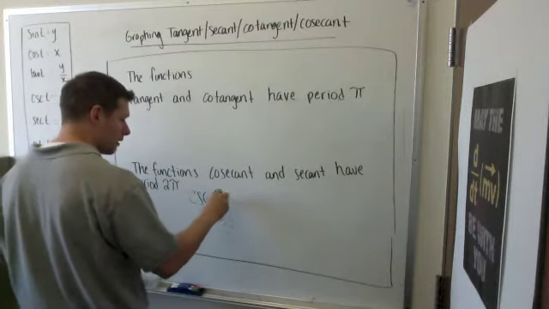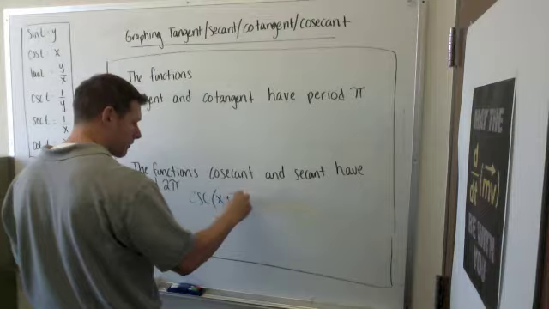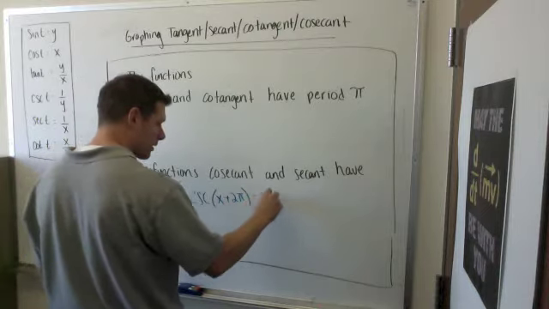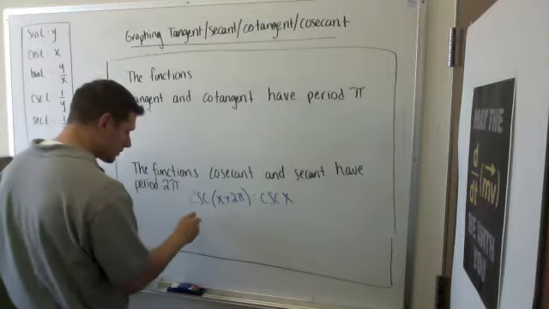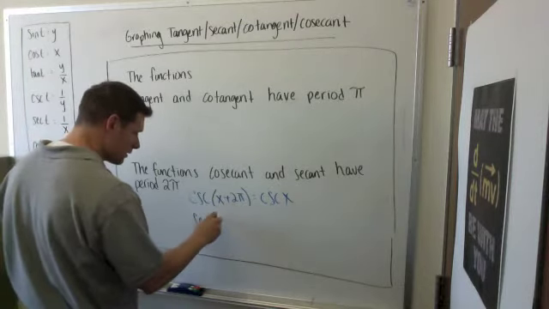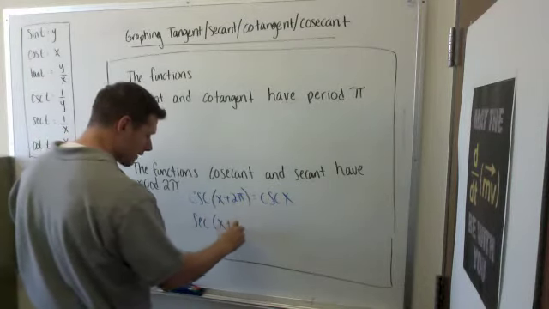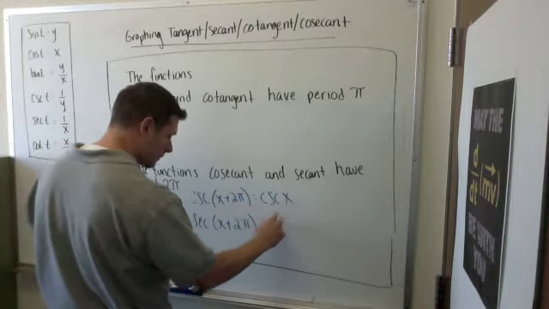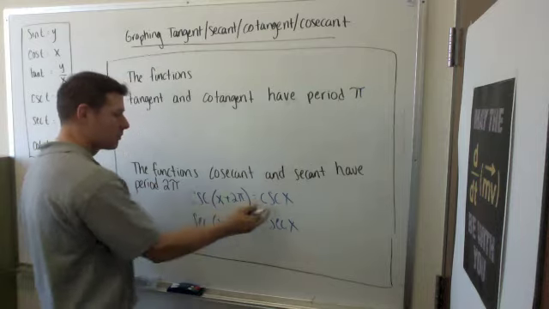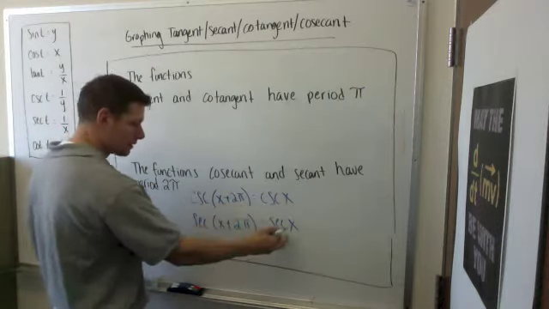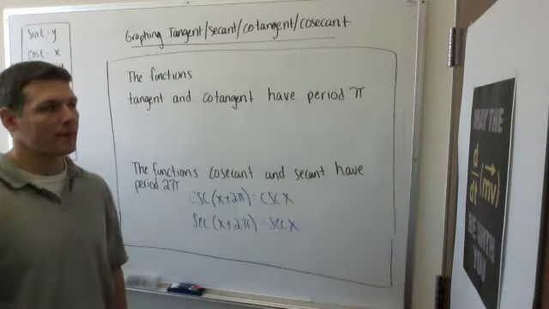So, because of that, we can say cosecant of x plus 2 pi is the same thing as cosecant x. We can also say secant of x plus 2 pi equals secant x. This just says that cosecant repeats every 2 pi and secant repeats every 2 pi. Okay?